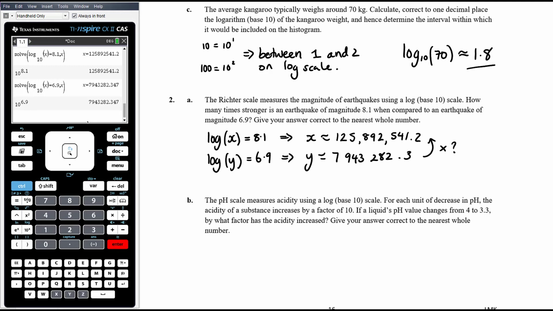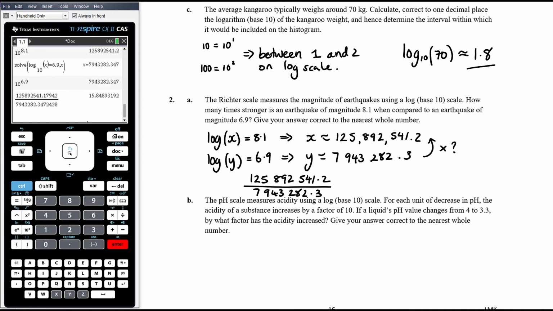So to work out what do I have to multiply the smaller number by to get to the bigger number, we're just going to divide them. So we're going to do 125,892,541.2 divided by 7,943,282.3. I've got those numbers sitting in my CAS, so I can just do that divided by that.